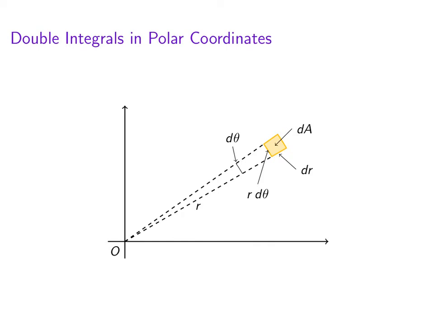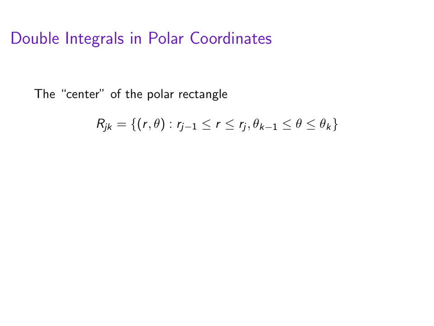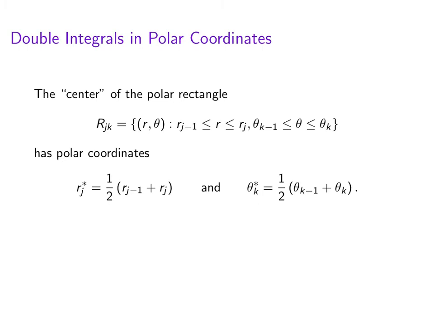We're going to talk a little bit about how to measure the area of this subrectangle. So the center of the polar rectangle R sub jk has these polar coordinates. r sub j star, we can just average the r coordinates that bound it, and theta sub k star, we can average the theta coordinates.